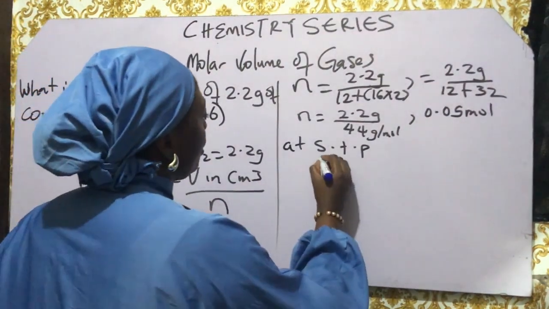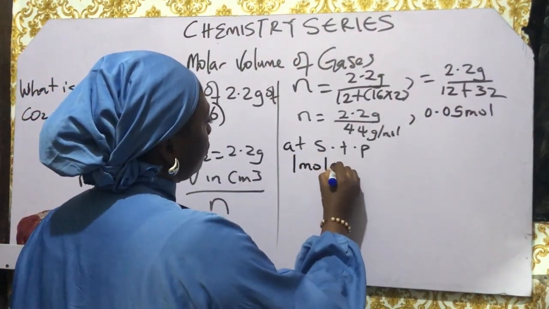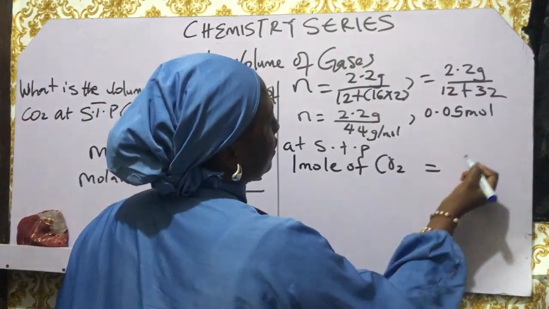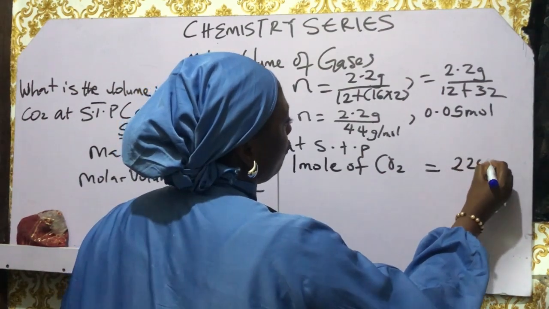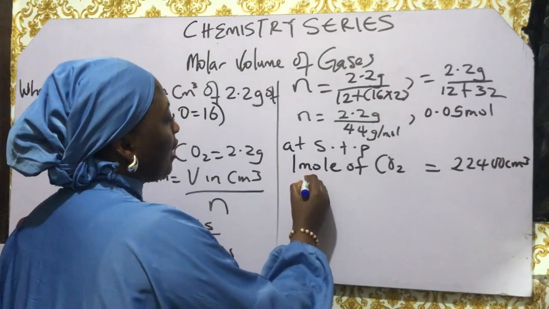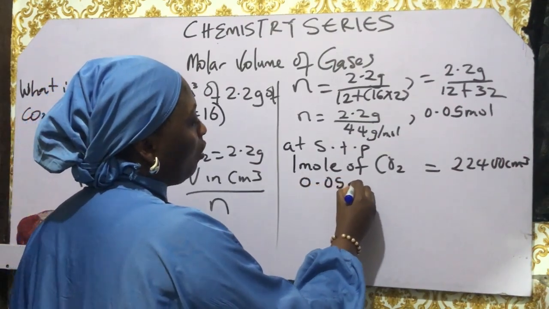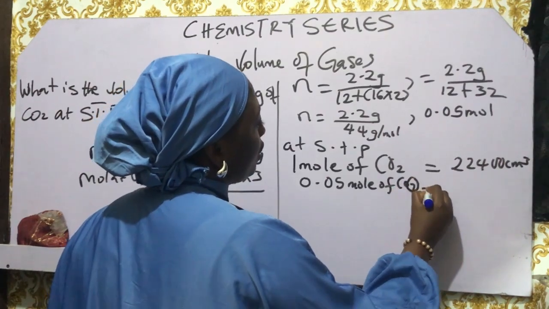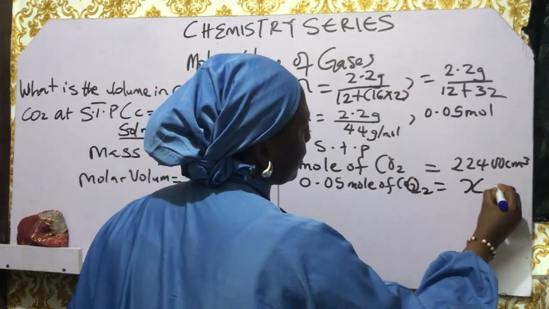So at STP, 1 mole of CO2 occupies 22,400 cm³. Then 0.05 mole of CO2 will occupy x cm³.